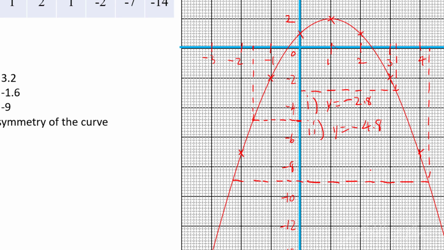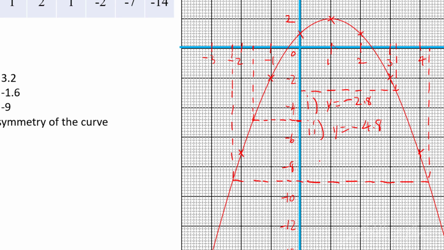Okay, so once it hits the curve, you are supposed to direct it to the x-axis. Same thing for the left. Direct it to the x-axis.